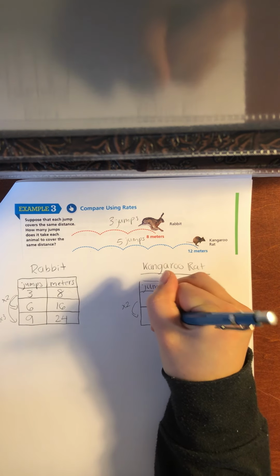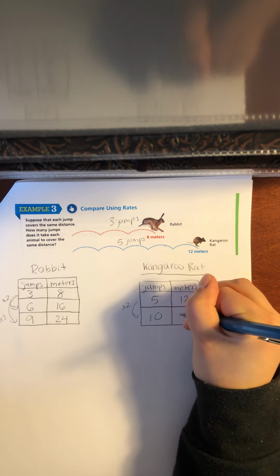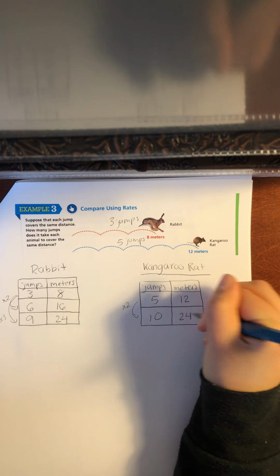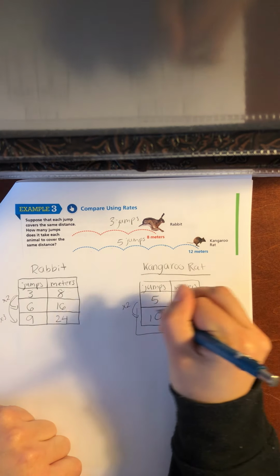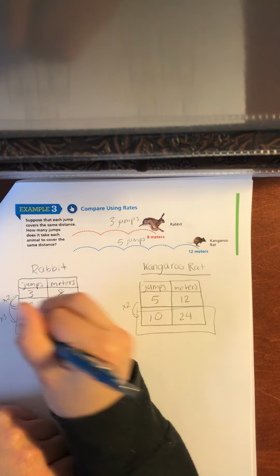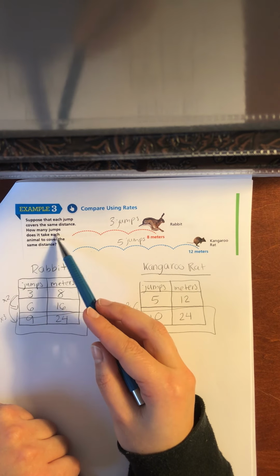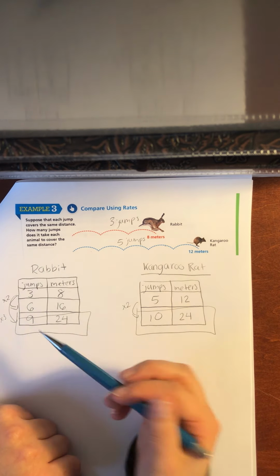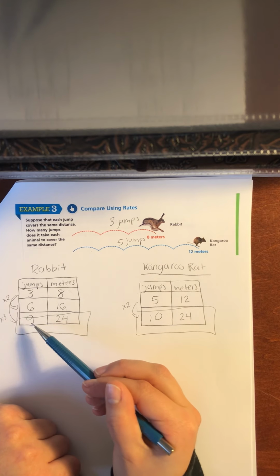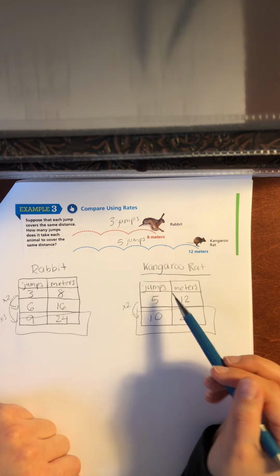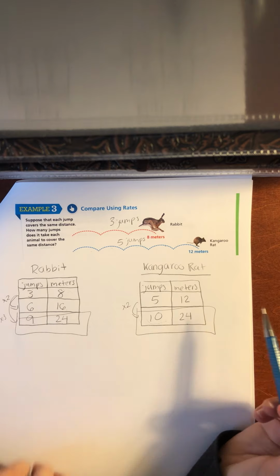Multiply by 2. 10 jumps is 24 meters, and we have a match. Same distance here, 24. So how many jumps does it take each animal to cover the same distance? It takes the rabbit 9 jumps to get to 24 meters, and it takes the kangaroo rat 10 jumps to get to 24 meters.